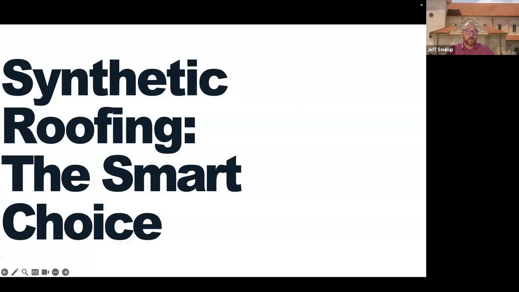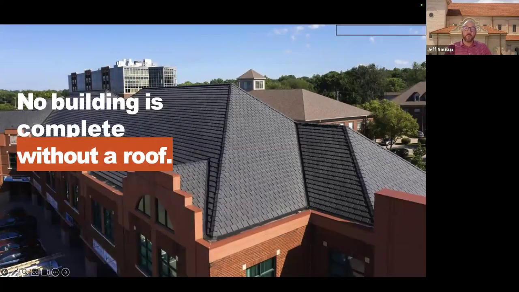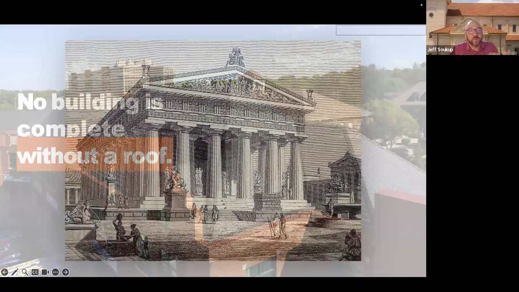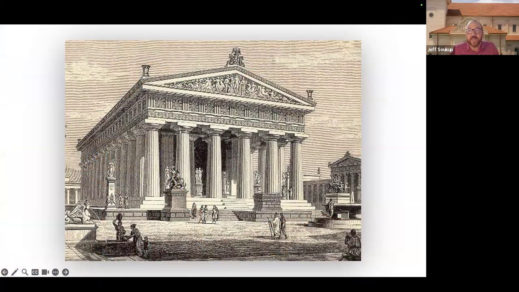So looking at synthetic roofing, again, my biased opinion, they're a very smart choice. So this says, no building is complete without a roof. So we're going to look at a few of the traditional materials again, and just juxtapose them against synthetic materials.